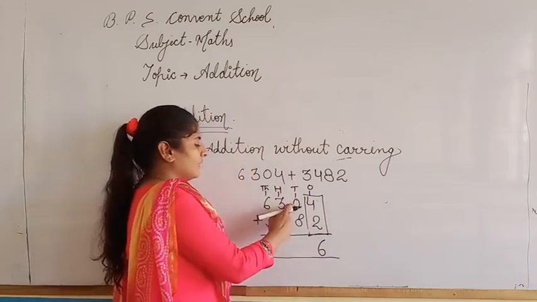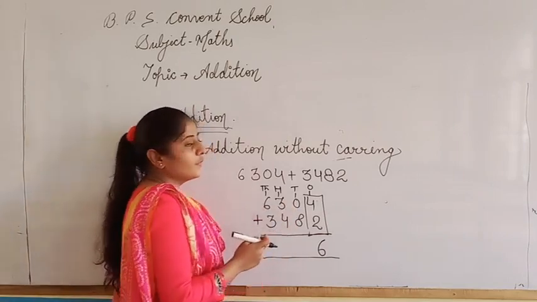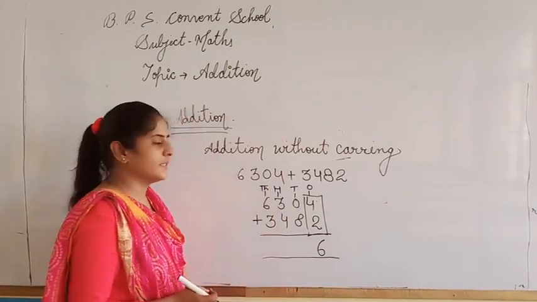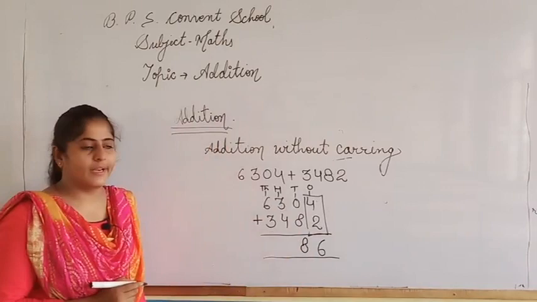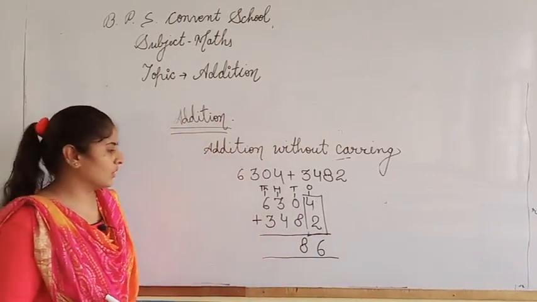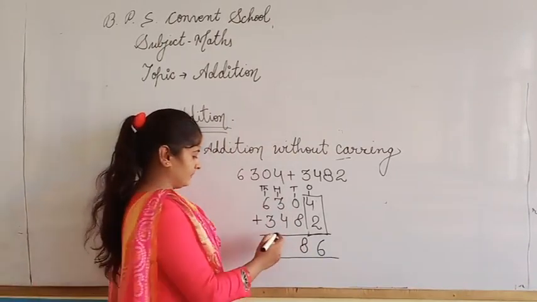Then tens place digits, 0 plus 8. When we add 0 to a digit, we get the number itself. 0 plus 8 is equal to 8. Next, 3 plus 4. 3 plus 4 is equal to 7.